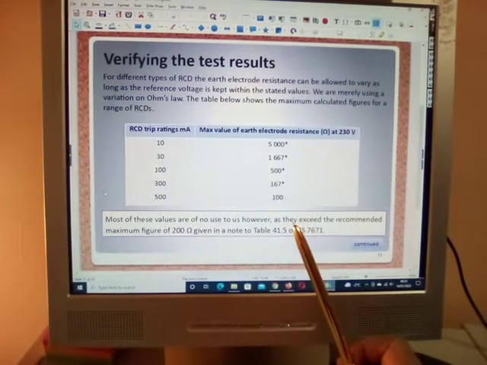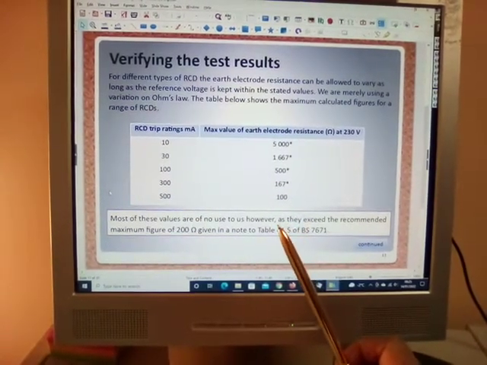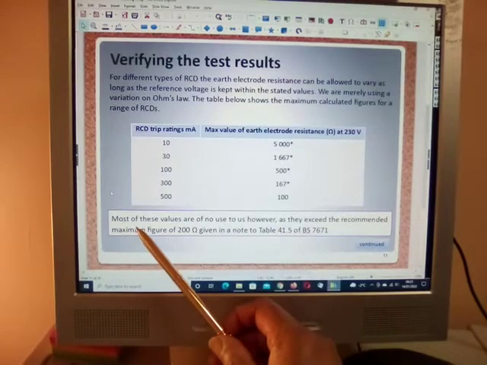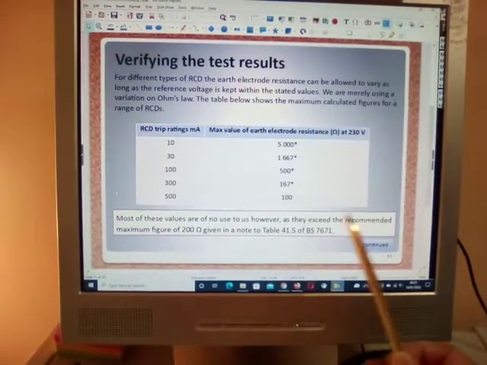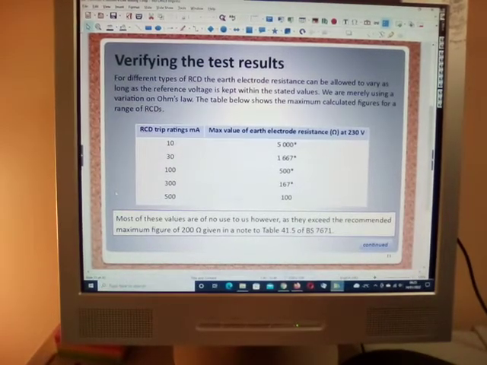So you need to make sure that you're compliant with the regulation as it stands. And it tells you here what the values are, of no use to us, however, because they're too high, they exceed the recommended value.